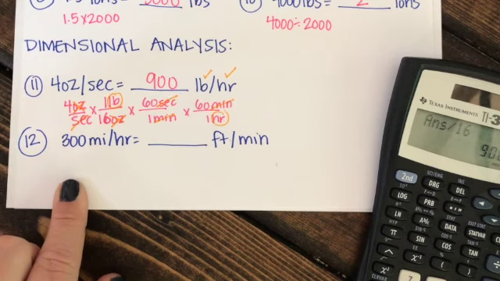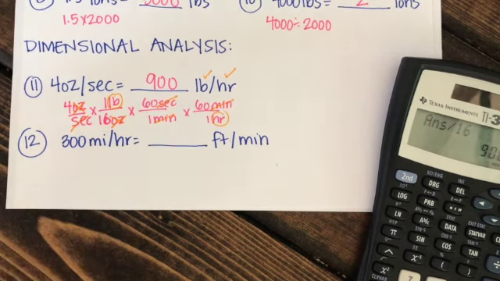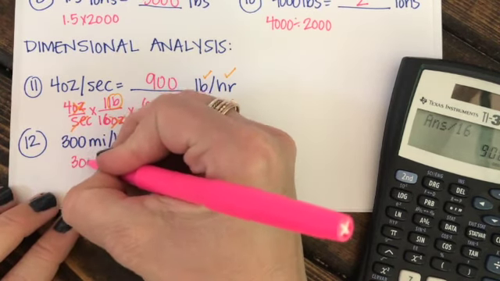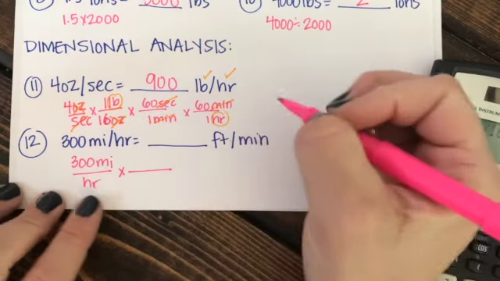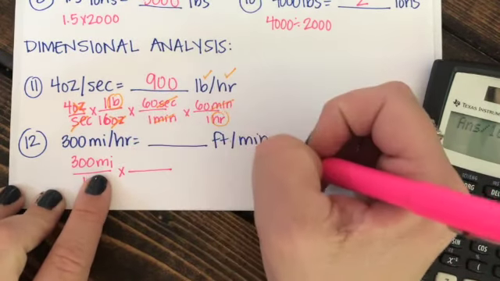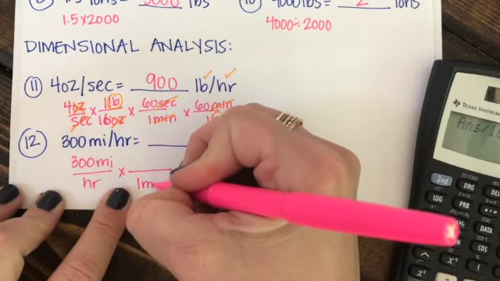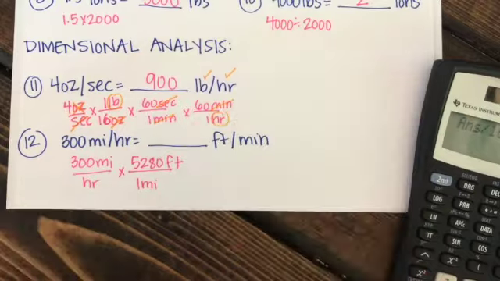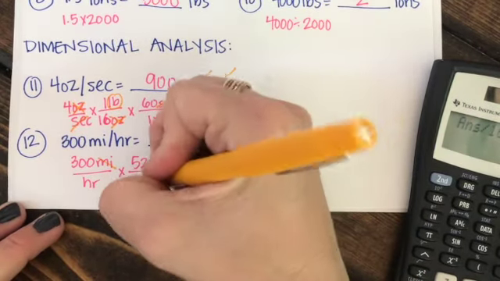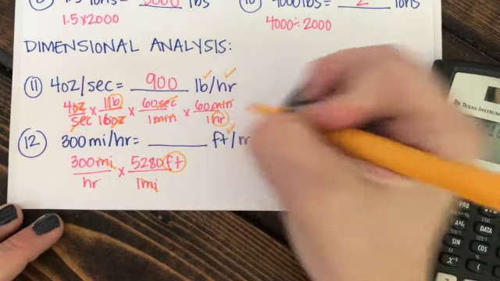Number 12, if I am flying in an airplane and it's going 300 miles an hour, how many feet am I going every minute? So 300 miles every hour. So let's worry about the distance part first. What do I know about miles and feet? I know that 1 mile is 5,280 feet. So the miles are gone. I'm now in feet, which is what I want.